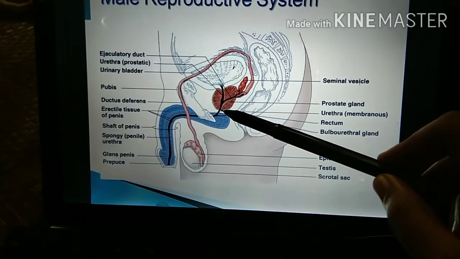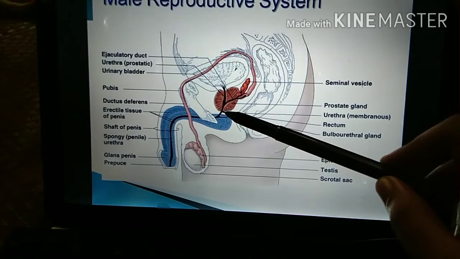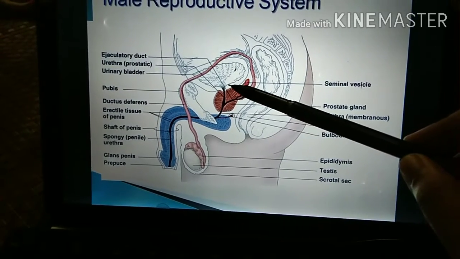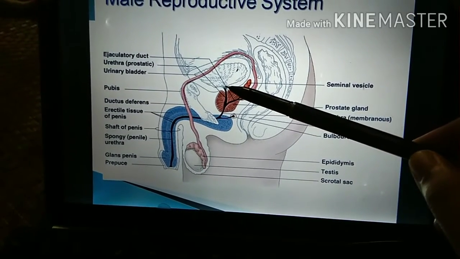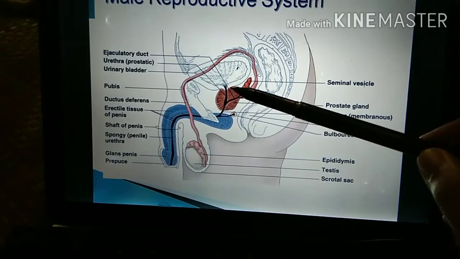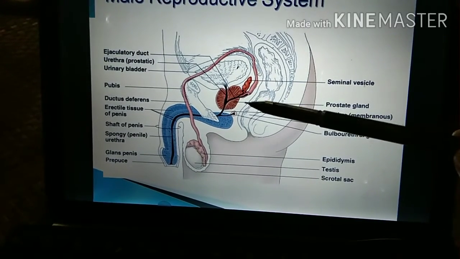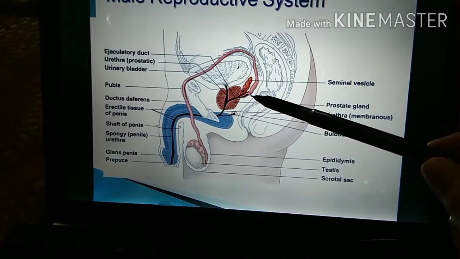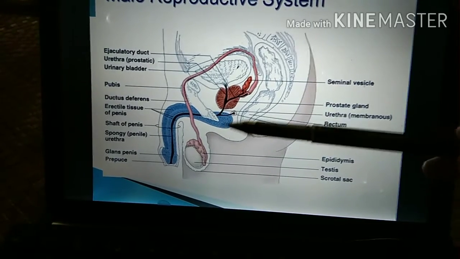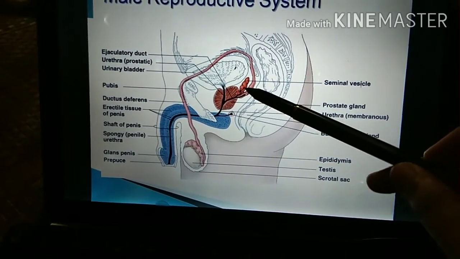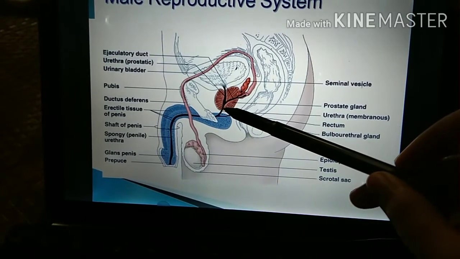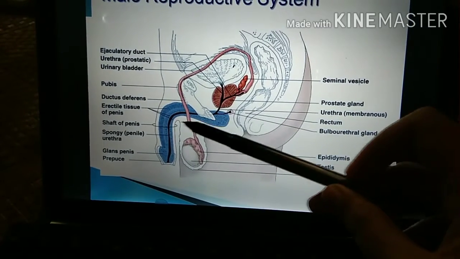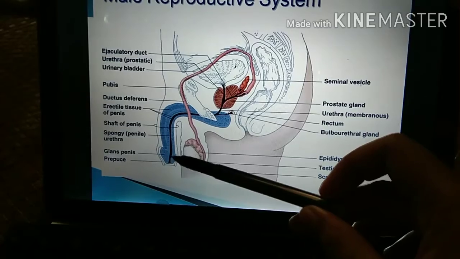The fluid of the seminal vesicles makes up most of the volume of a man's ejaculatory fluid, or the ejaculate. So during ejaculation, it helps move the sperm out to the tip of the penis.